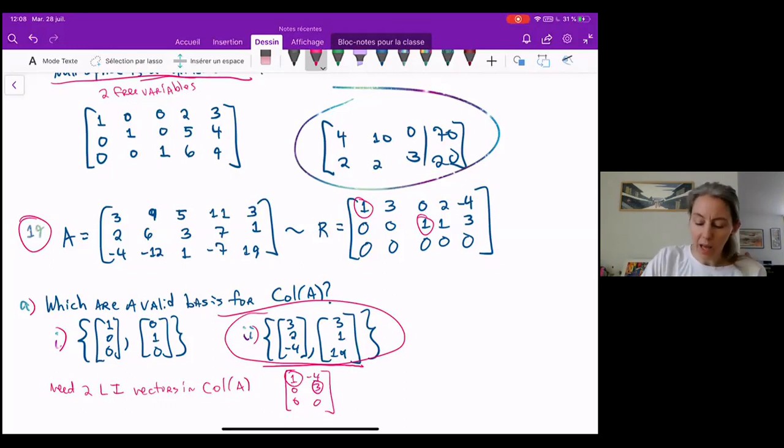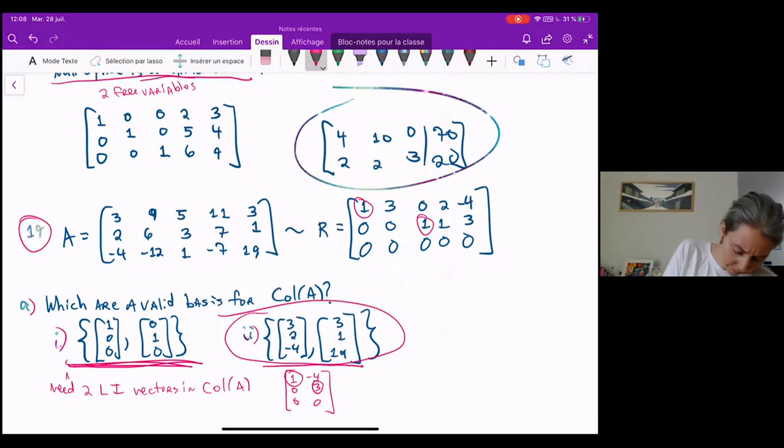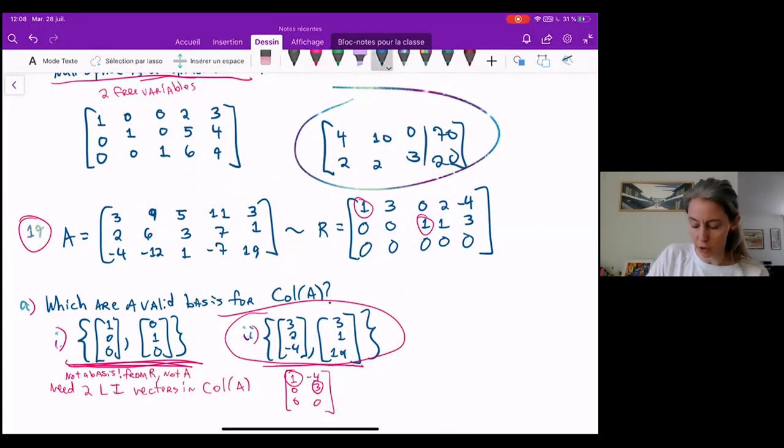So for this one, these vectors are from R, not from A. To be in the column space, we're looking at A, we're not looking at R. So these vectors are not a basis, they're from R, not A. So my answer here is just 2.